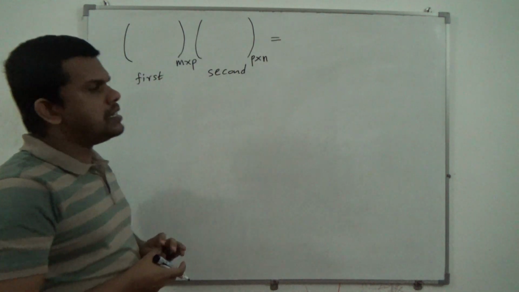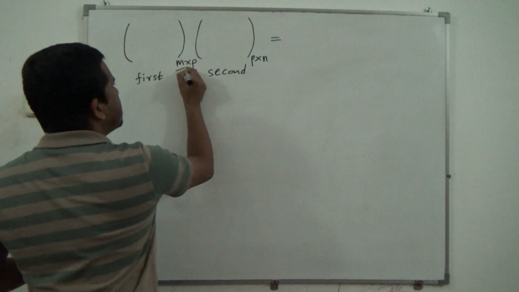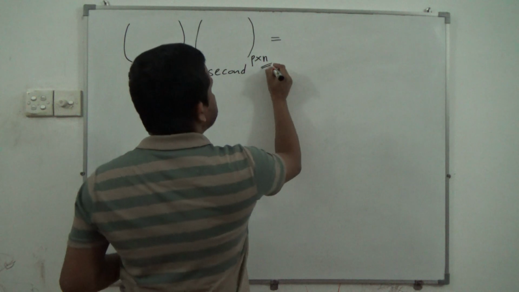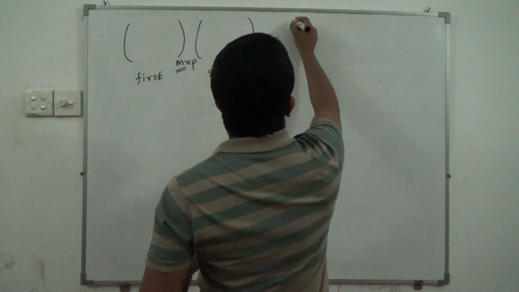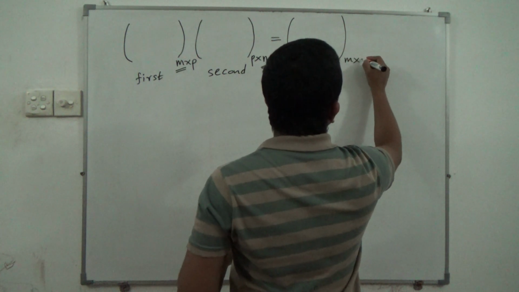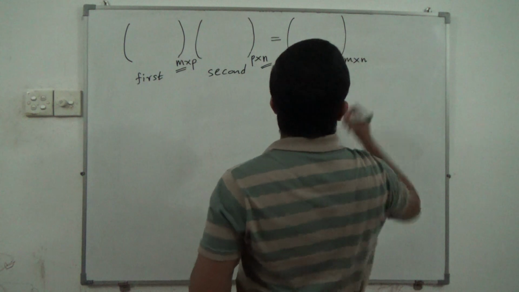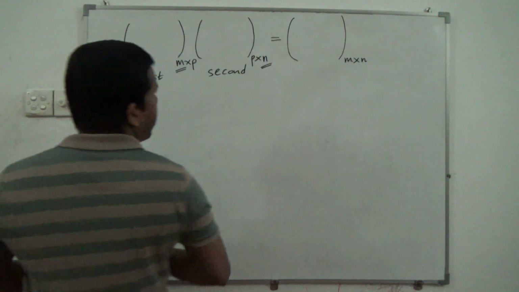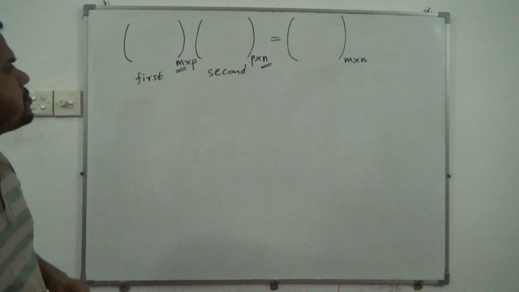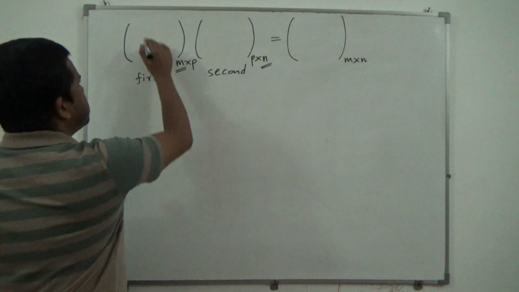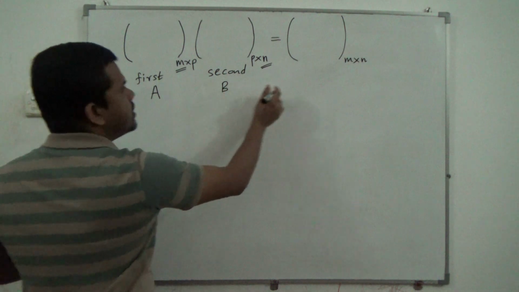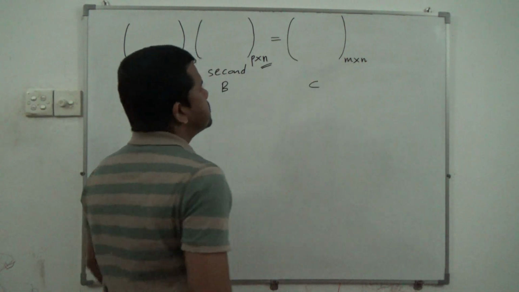So, in the resultant matrix, there are m number of rows and n number of columns, so M cross N. So let's name the first matrix as matrix A, the second as B and the resultant as C.